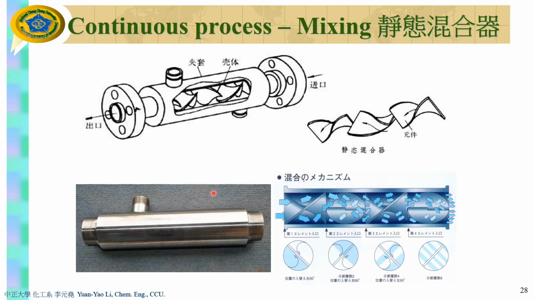So, we already learned a lot about mixers, remember? As a simple mixer, like a cup of black coffee, you put the milk and sugar into the black coffee and you use a teaspoon to stir the coffee. So you make the coffee with milk. But this is a batch process. If you want to do it continuously, how can you do it?